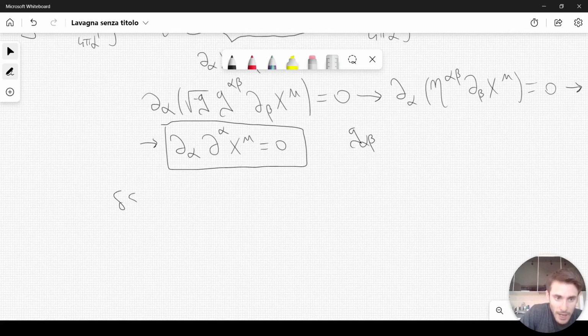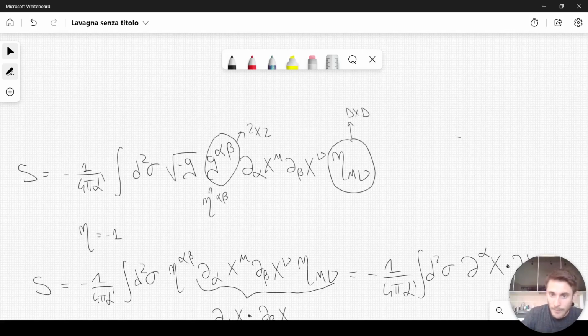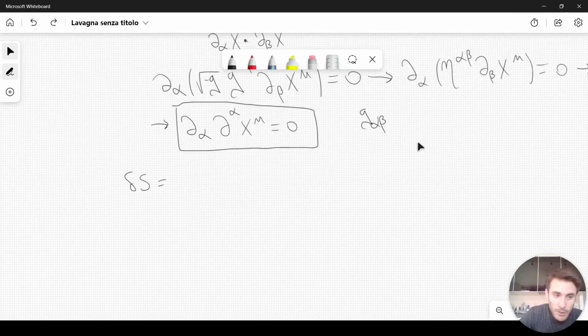So the change in the action, in this case I'm considering the change in the Polyakov action. So I'm really taking the variation of this. We are concerned with this part of the action because there will be a change in the determinant and also a change in the inverse metric tensor. So the variation of the action can be written like this.